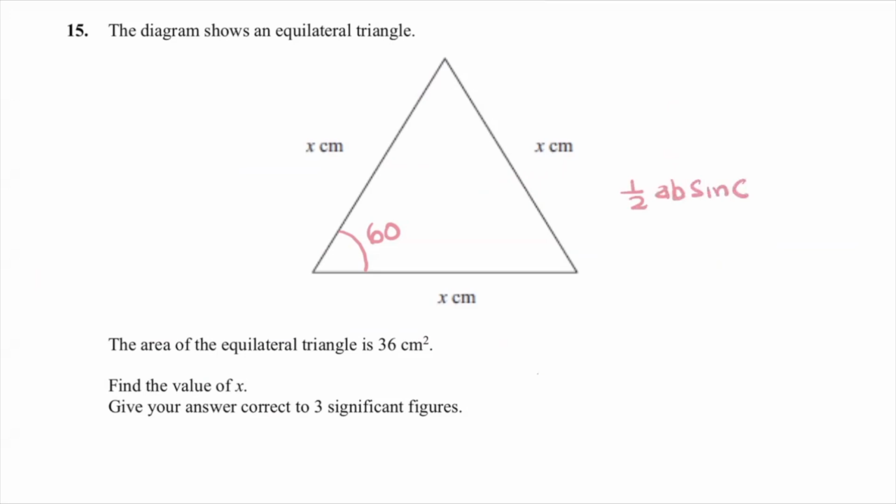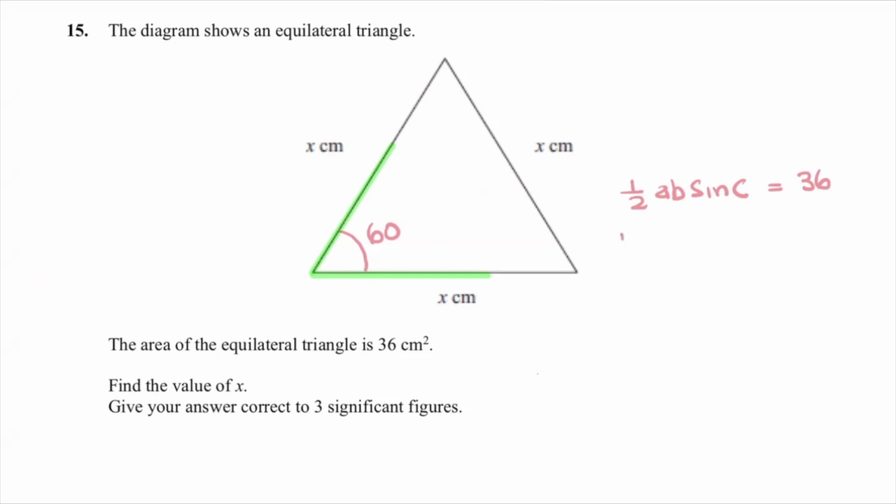And we know that that formula in this question is going to give us 36 because the area of the triangle is 36. This works in the same way as our cosine rule, where we have that sandwich. So this is our sine C angle. And this is A and B, which we can clearly see are both labeled as x.